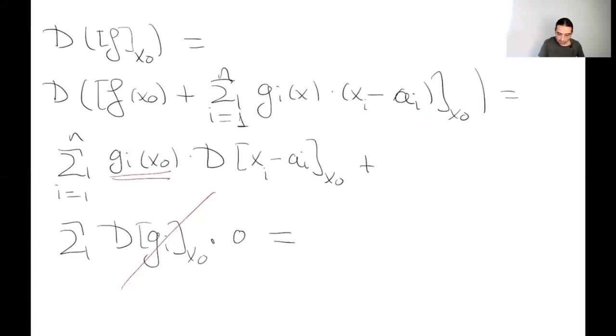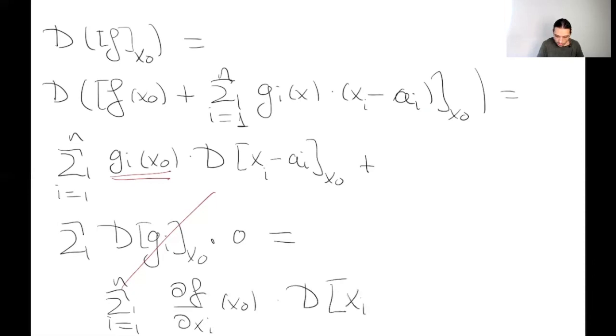So we get, finally, that this is the sum from i equal 1 to n of g_i at x0, which is just the partial of f with respect to x_i at x0 times the derivation applied to x_i minus a_i. And that's it. In order to know the value at the germ of f, we just need to know this, because this obviously is going to depend on f.